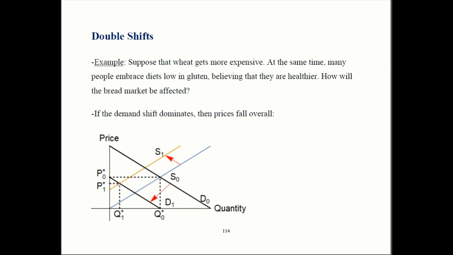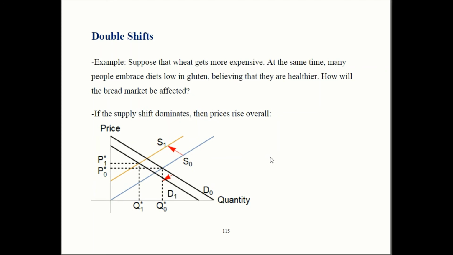Now let's show the possibility where prices rise instead. Here I've got a small demand shift and a really big supply shift. We start out at old supply. Here's old supply, and old demand. Old demand's up here. Old supply and old demand bring us to this point, P0, Q0.